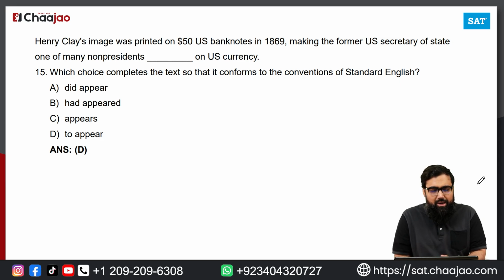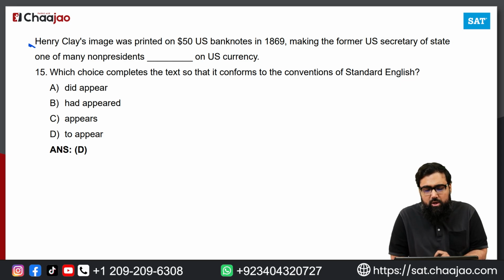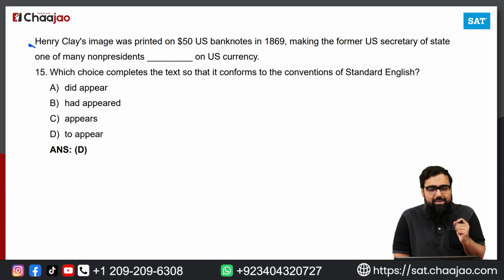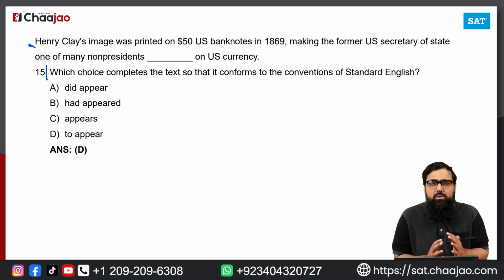So if you look at this question that we have over here, it says, Henry Clay's image was printed on a $50 US banknote in 1869, making the former US Secretary of State one of the many non-presidents blank on the US currency. Now, the first thing is that you read the question, obviously, and it will be consistent for all the questions pertaining to standard English conventions.